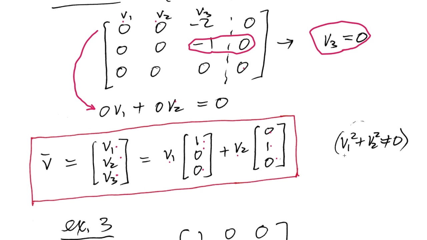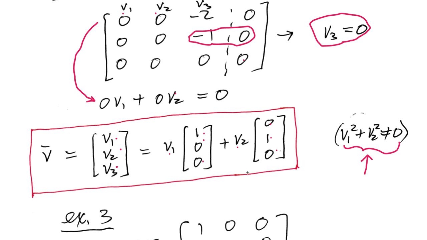Notice that we can't have both V1 and V2 be 0, which is equivalent to saying it is not true that both V1 and V2 are 0. Or in other words, at least one of V1 and V2 is non-zero. Because otherwise we would have 0 as an eigenvector, and we don't like that, right?